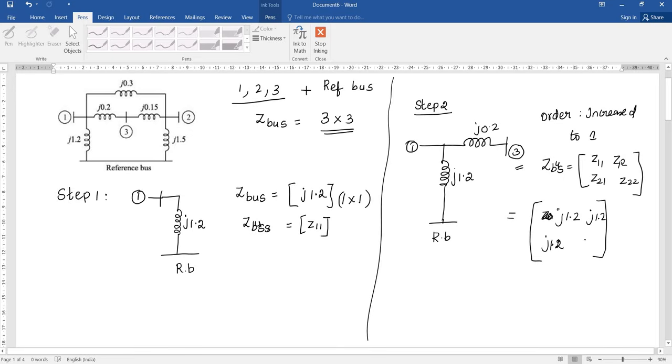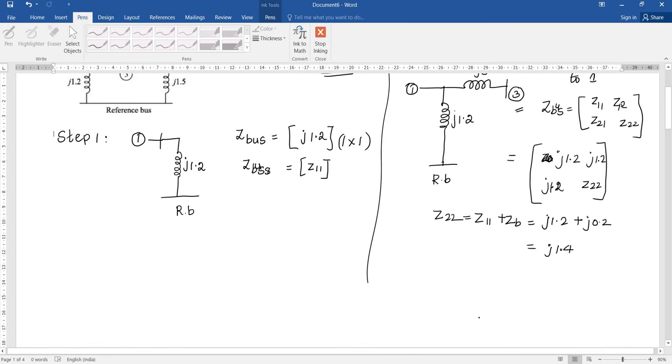And next, the third element, you have to calculate. How to calculate this? Z22 equals Z11 plus ZB. Z11 is j1.2, ZB is j0.2. Now the answer is j1.4.